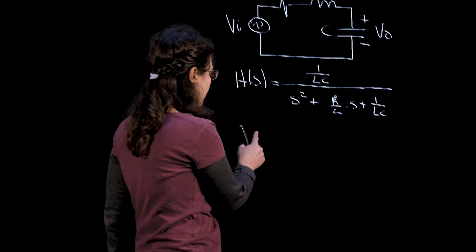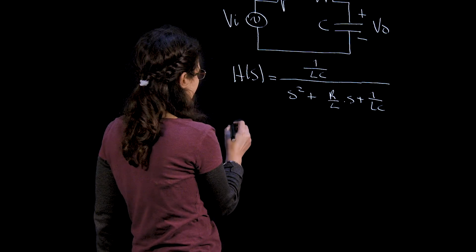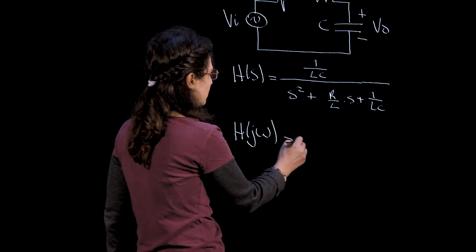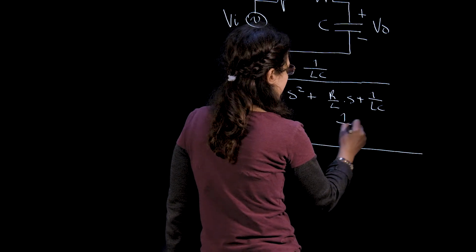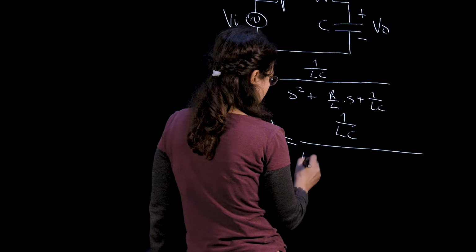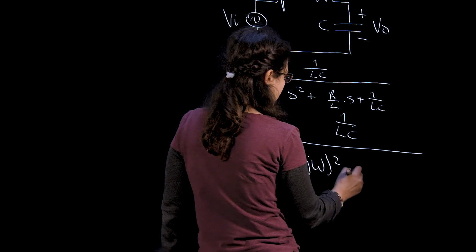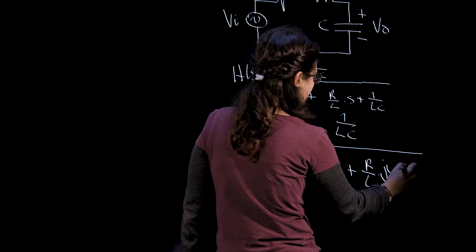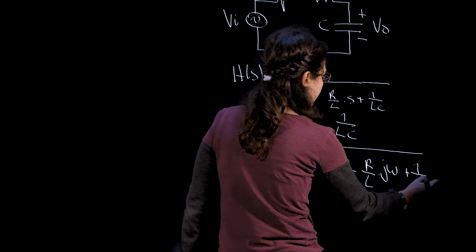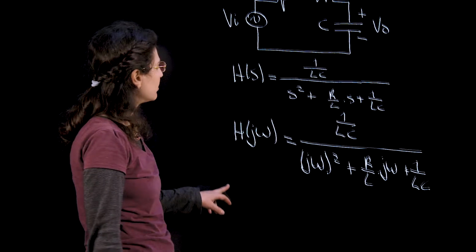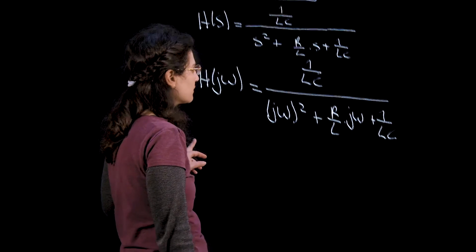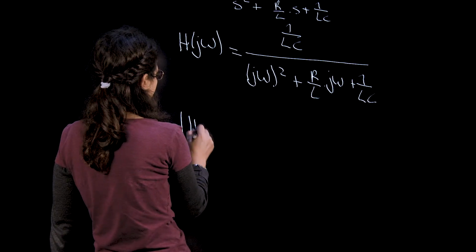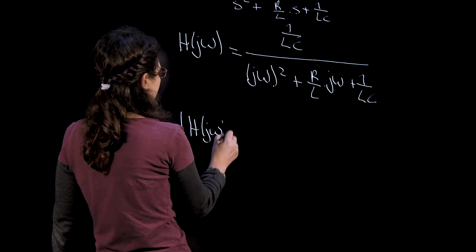So we substitute s by j omega, so my H of j omega becomes 1 over LC over j omega squared plus R over L times j omega plus 1 over LC. And then we need to calculate the magnitude of this.